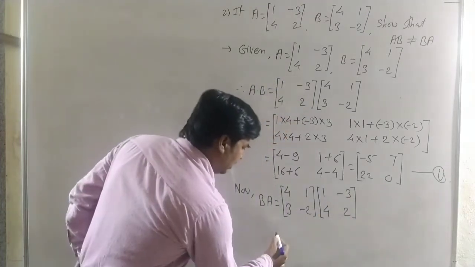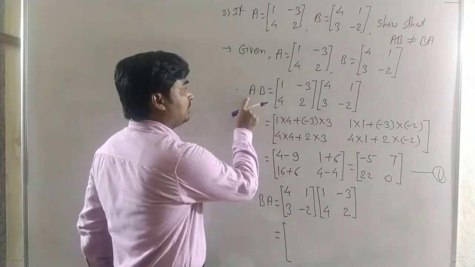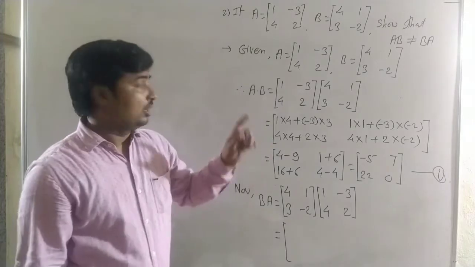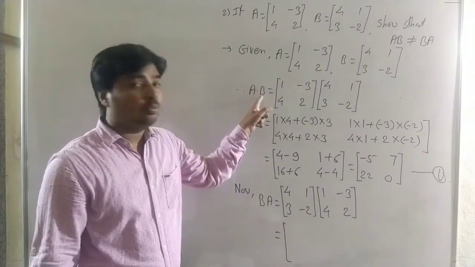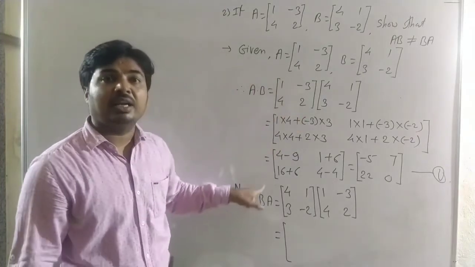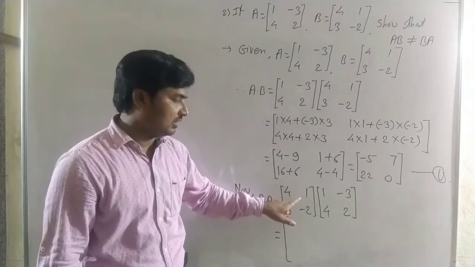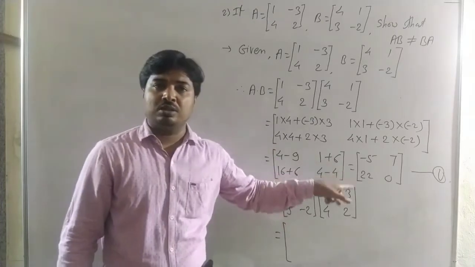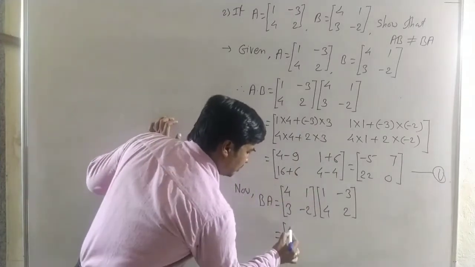Again the multiplication is the same. Before, A was the first matrix and B the second matrix, so we took a row from the first matrix and a column from the second. Here B is the first matrix and A is the second matrix, so we take a row from B and a column from A.